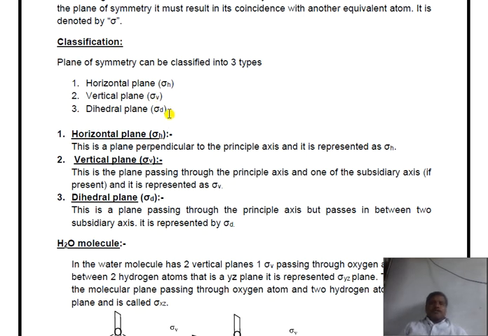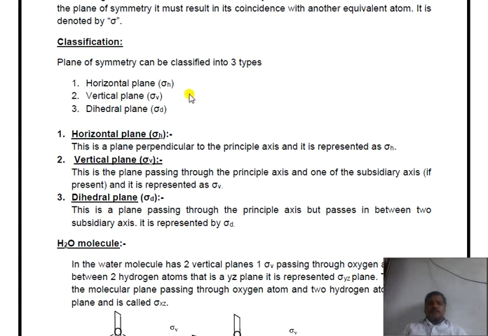If there is a principal axis, and there are C2 axes perpendicular to the principal axis, then in between the C2 axes there is a plane of symmetry that we call the dihedral plane of symmetry. To talk about a dihedral plane of symmetry, there must be a subsidiary axis perpendicular to the principal axis.